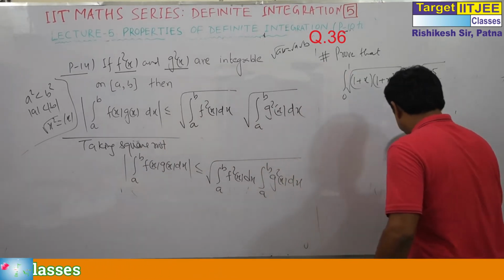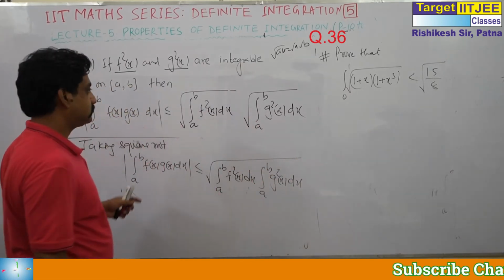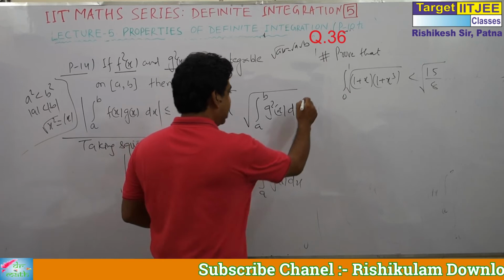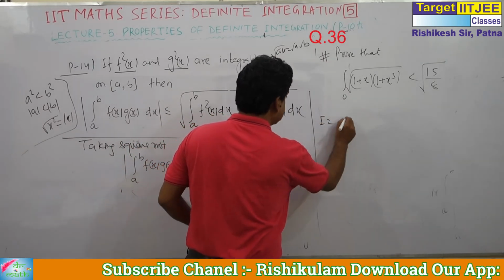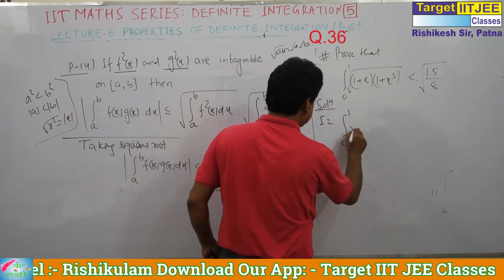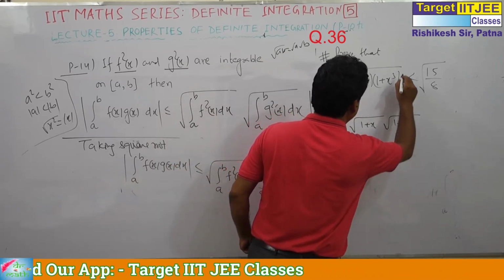See, how can we do this question? The solution part is the integral from 0 to 1 of root over 1 plus x times root over 1 plus x cube dx.